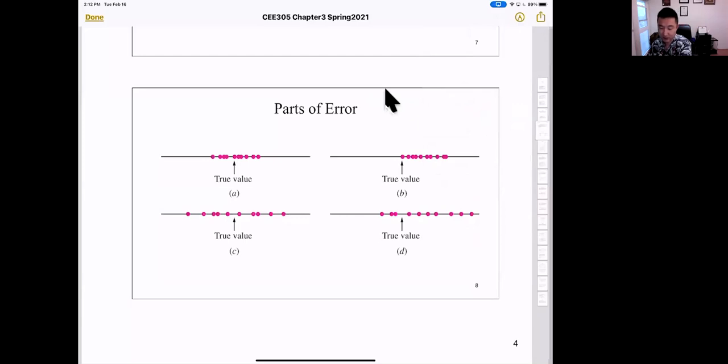Okay. All right, so this is the screen of my iPad.